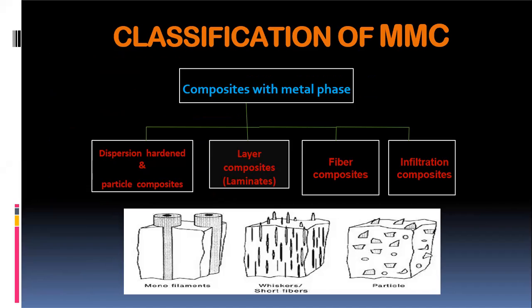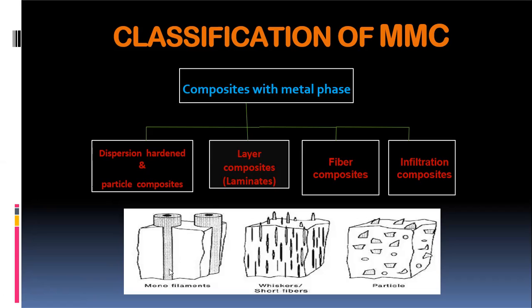Next, coming to the classification, it has been divided into 4 types. First one is the dispersion hardened and particle composite. Second one is the layer composite, fiber composite, and last one is the infiltration composites. So these reinforcements have been added like the monofilaments. So you can see it in the picture.